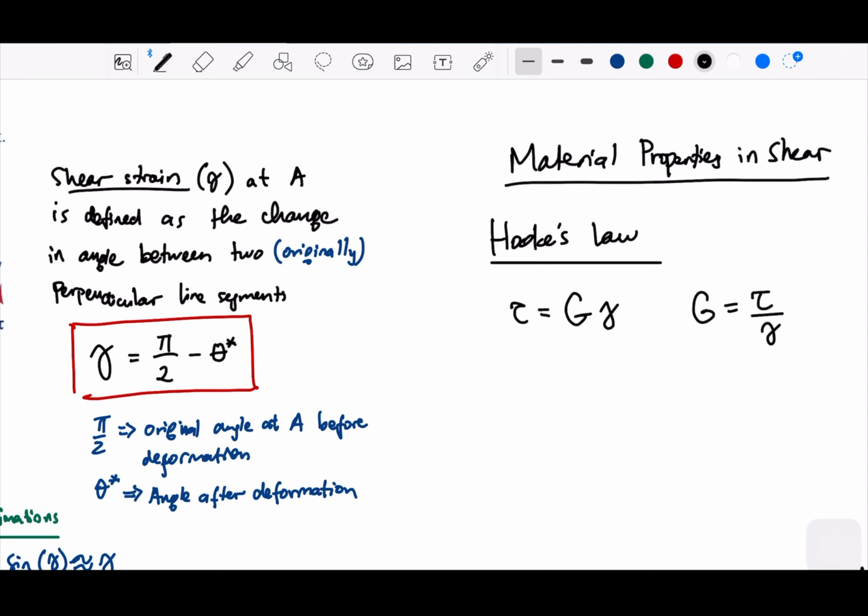You remember we have tensile stress like that, and the elastic region or elastic property is the modulus. This also happens if we take the shear, and we call the modulus G, the shear modulus.